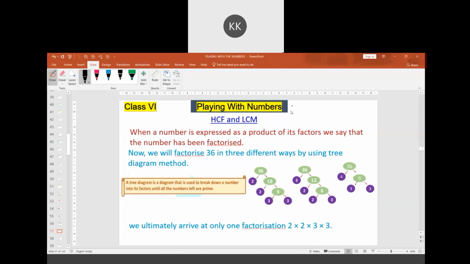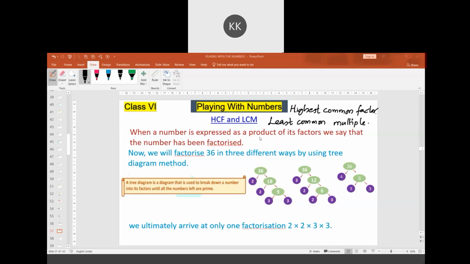HCF refers to highest common factor, and LCM refers to least common multiple. We have already learned this in our lower classes and also while preparing for entrance examination. Now it's a repetition of the concept.